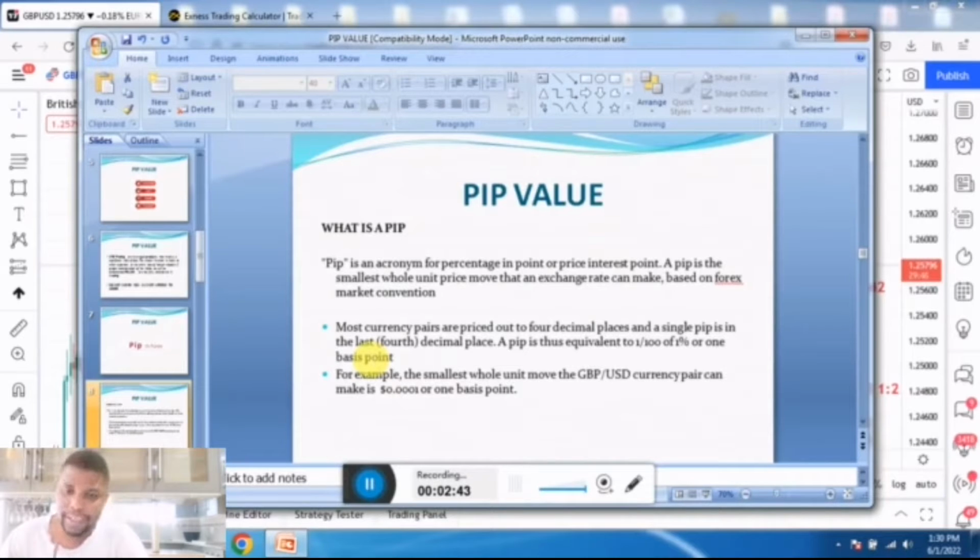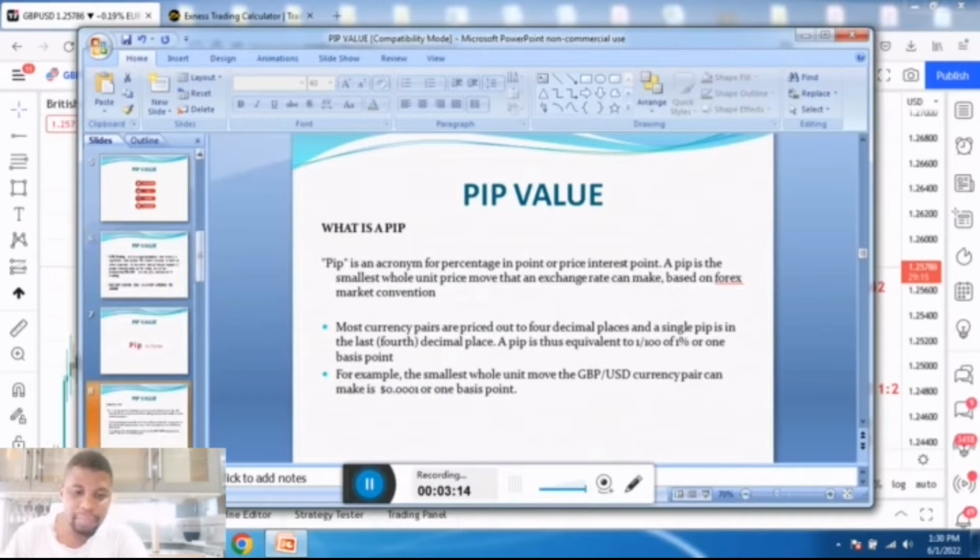For example, the smallest whole unit of the GBP USD currency pair is 0.0001, a hundredth of a percent. It's called a 1 basis point because it's the 4th decimal number after the comma.